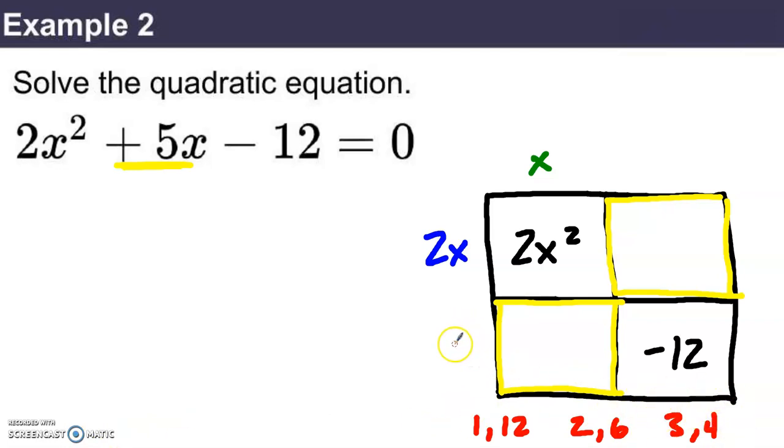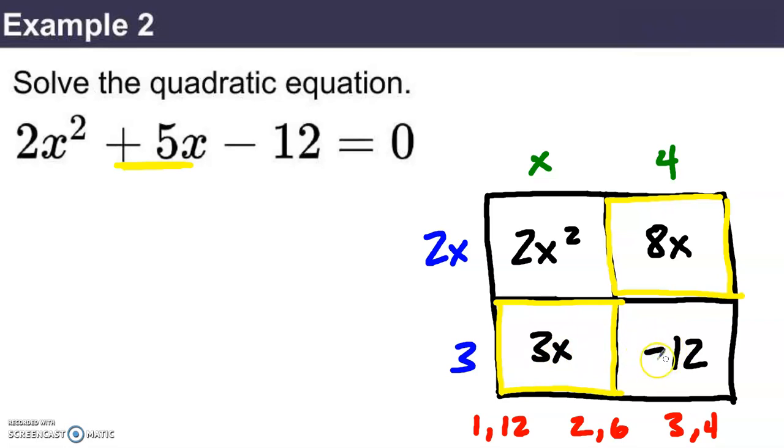I'll put the 3 here. Let's go 4 and 3. Is that one going to work? 2x times 4 is 8x. 3 times x is 3x. You know what? I think I lucked into getting the right one on the first try.